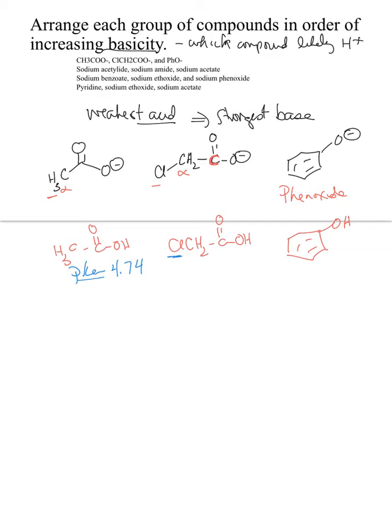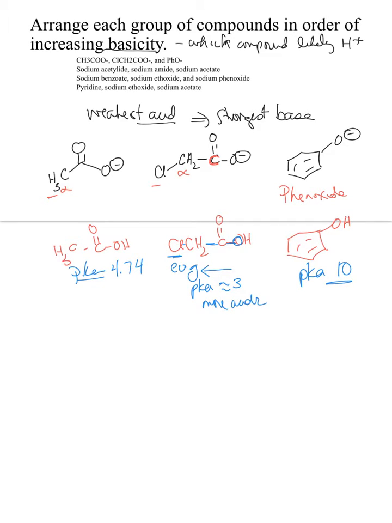The chlorine is an electron withdrawing group, so that's going to pull the electron density towards itself through an inductive effect. It's a 3 bond, and that's going to make this pKa probably something around 3. So it's going to be less. So this is more acidic. And then this phenoxide has a pKa of about 10. And you need to kind of know that because you will see that on the National ACS exam.